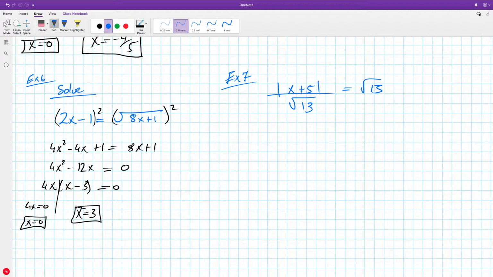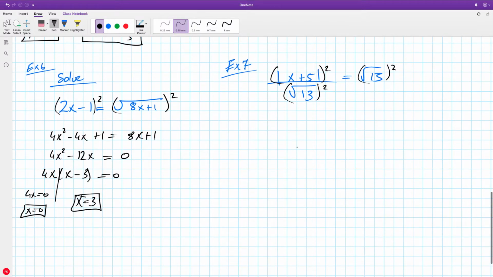Right, let's have a little look at it. So, square both sides. The easiest thing to do here is multiply across by the root of 13 and square both sides, to get it off the bottom line. So, gone, gone.